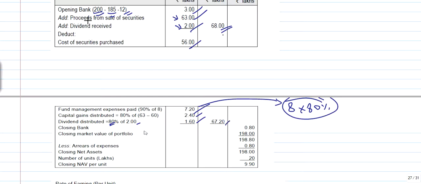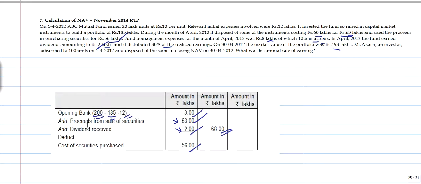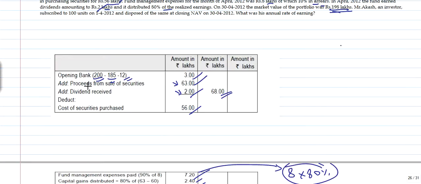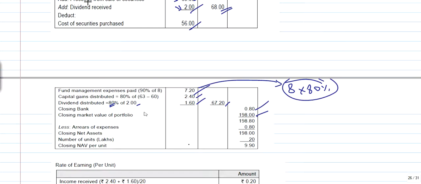This should be deducted from the 68.8, closing bank. So closing market value of the portfolio 198, it is given, 198. Very simple. Then we have to deduct the arrears of expenses.